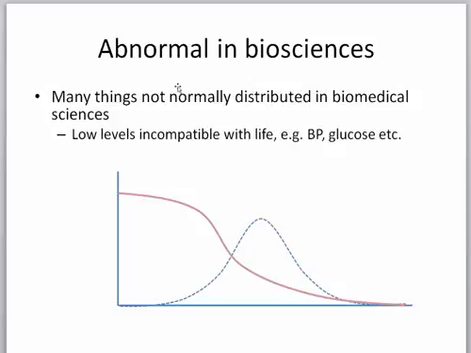In a biological context, most things are not, strictly speaking, normally distributed. Now, people will make the data jump through hoops to make it normally distributed, so they will log transform it or use exponentials or reciprocals to transform the data. And you might think that's a bit of a cheat, but mathematically all you're doing is applying the same transformation to all of the data.